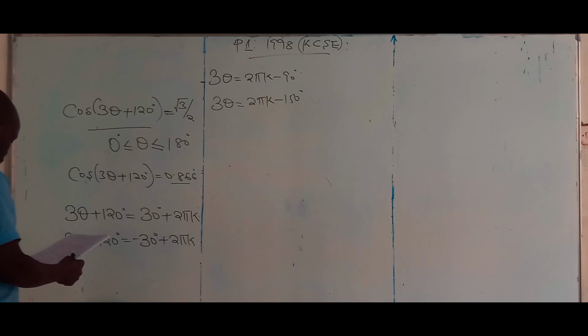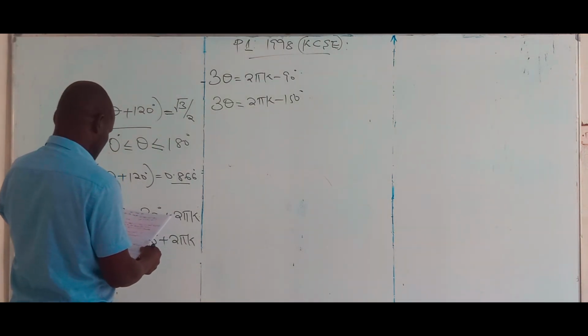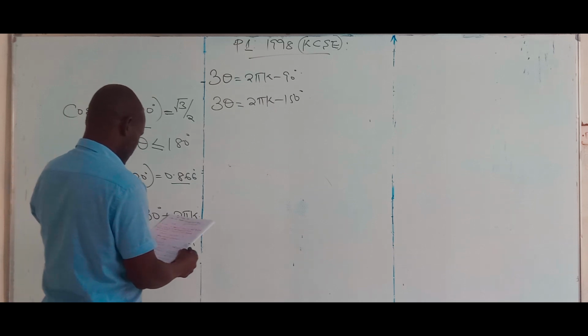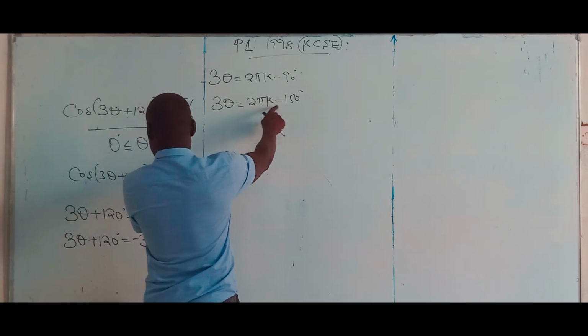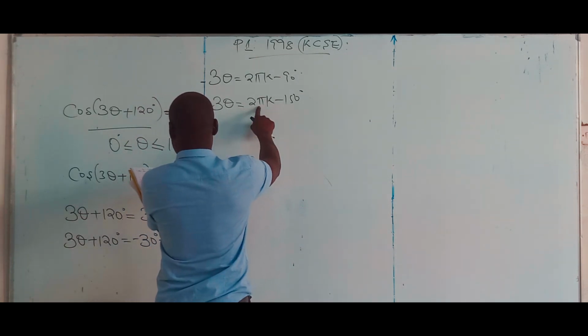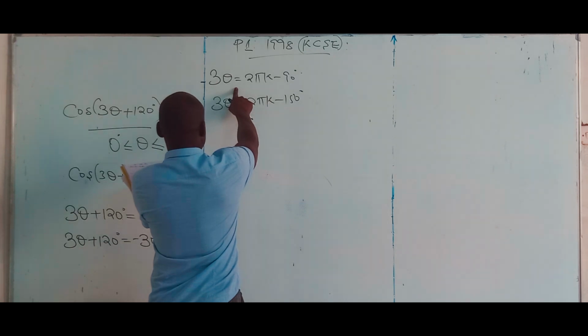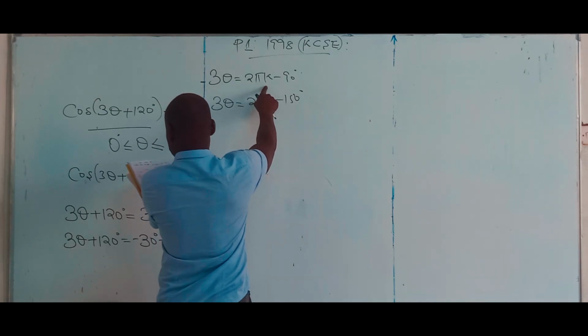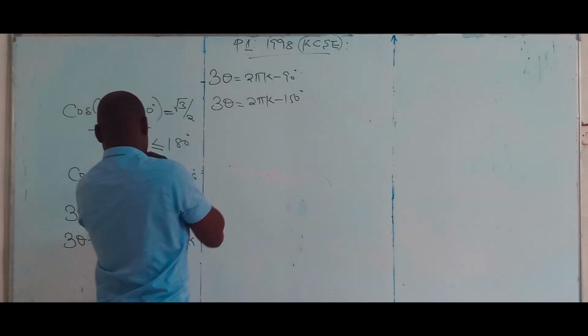Let's express them in terms of theta. 3 theta is minus 90 plus 2 pi k, and 3 theta is minus 150 plus 2 pi k.